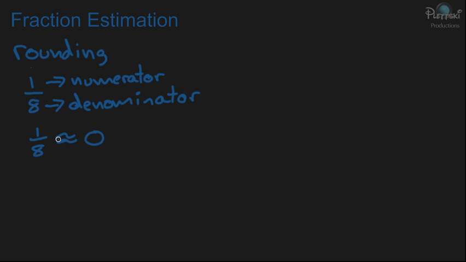When you round, you can use the two squiggly equal sign to indicate that it's not equal. You're just saying 0 is close enough to 1/8. Okay, another example. And typically, when you're working with fractions, you're going to round to the nearest 1/2. So an example of one where you would round to 1/2 could be something like 5/9.